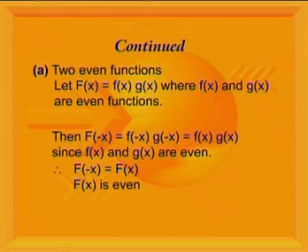And since f(x) and g(x) are even, therefore f of minus x is f(x) and g of minus x is g(x). So capital F of minus x is equal to F(x), and therefore capital F(x) is even.